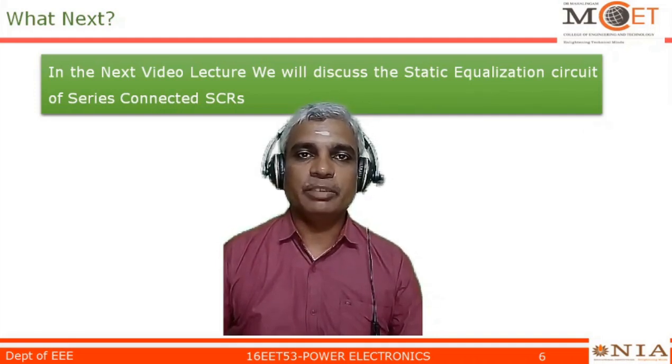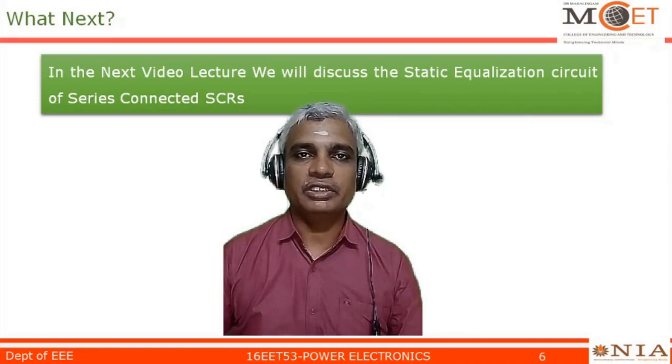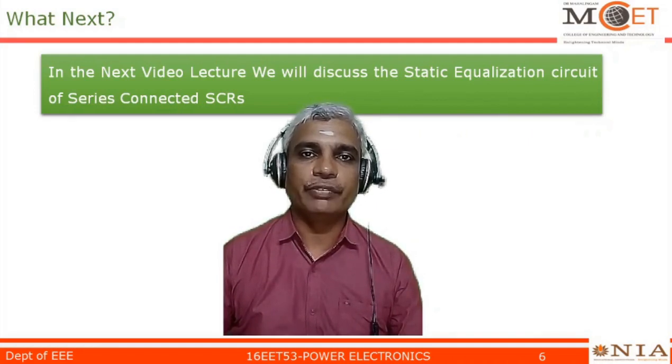And we have discussed the series connection of two SCRs with different characteristics in their parameters. Even though the SCRs are manufactured by the same manufacturer, there will be certain differences in their parameters, which lead to a voltage imbalance problem in a string. This problem can be solved by using a static equalization circuit and a dynamic equalization circuit.